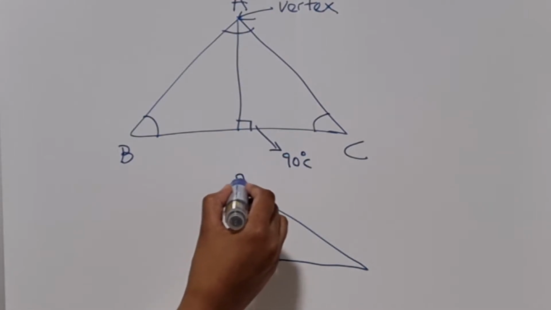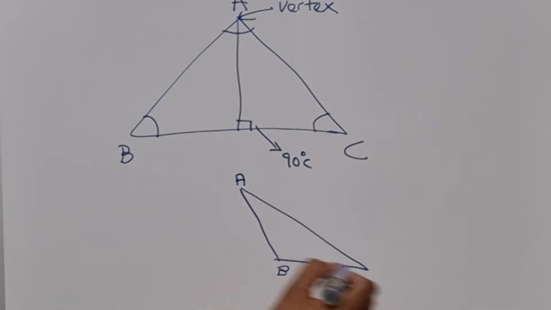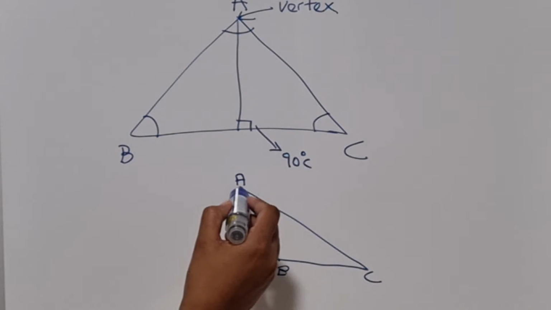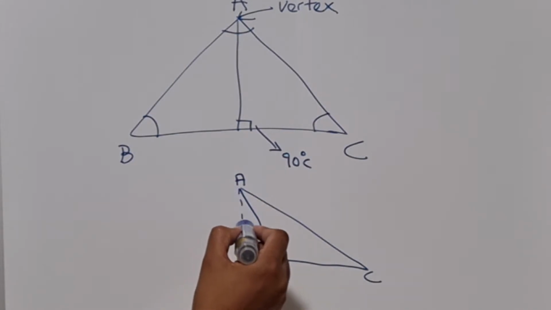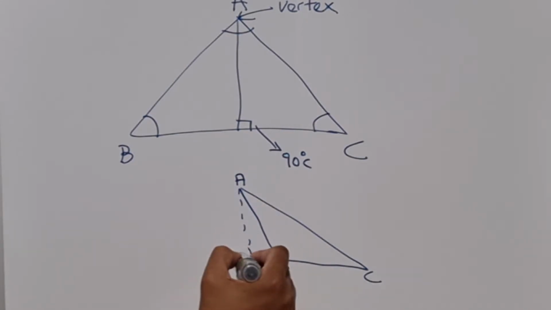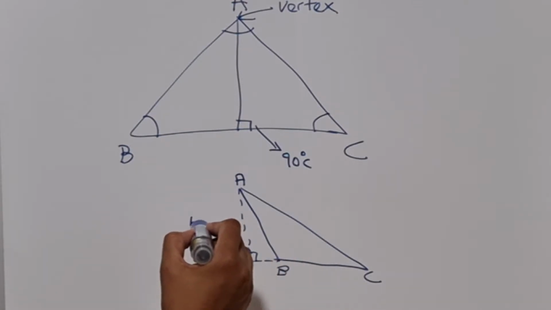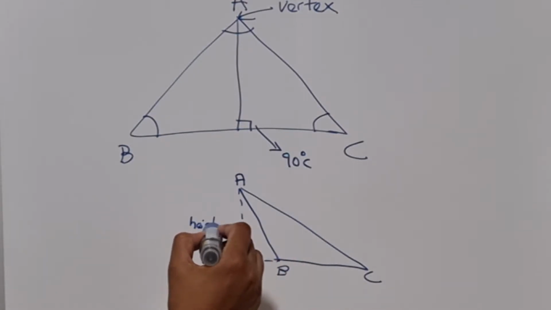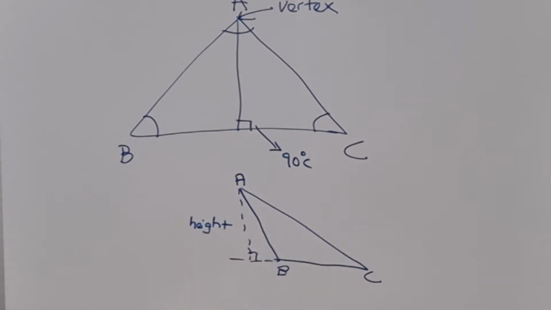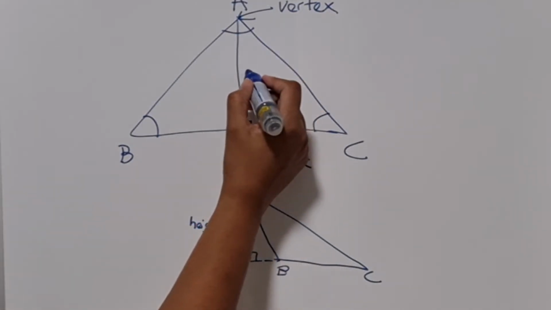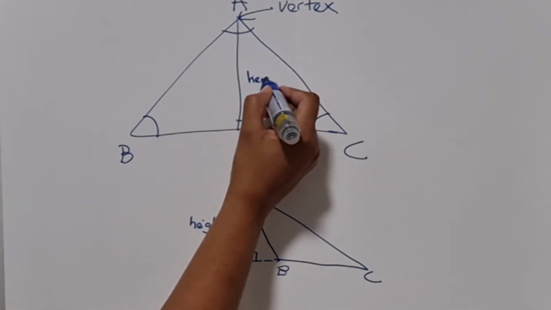This is A, this is B, this is C. So you draw a straight line down. So this is your height.